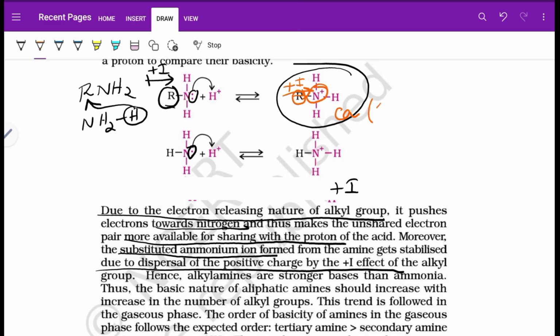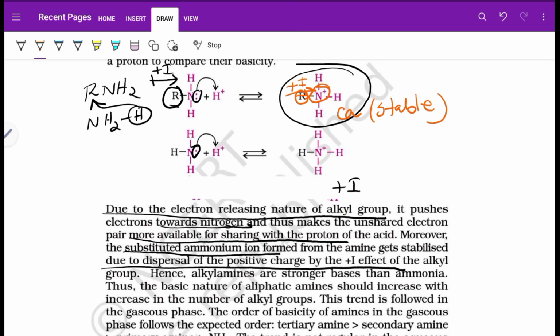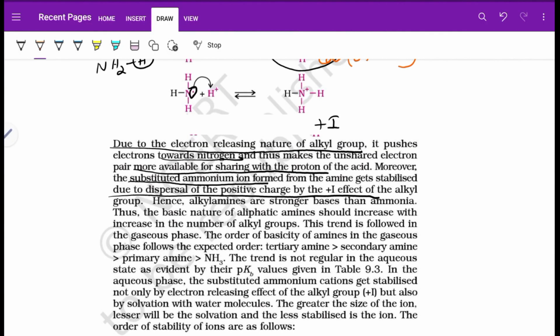Why? Because this conjugate acid is more stable on account of this alkyl group. So this alkyl group reduces the positive charge over nitrogen and hence increases the stability of the conjugate acid and hence increases the strength of the base. So alkyl amines are stronger bases than ammonia for this particular reason.